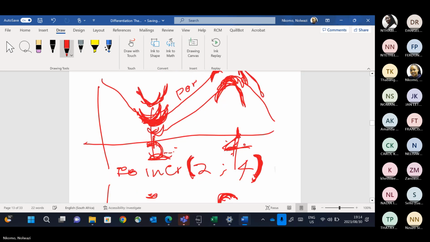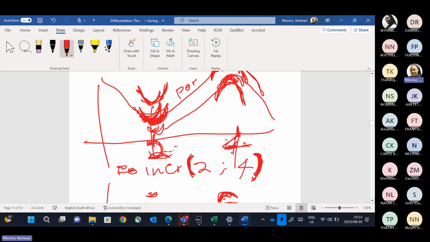And then the graph is negative here and here. You see, the numbers are decreasing this side up to negative infinity. We were not told that this function is bounded.